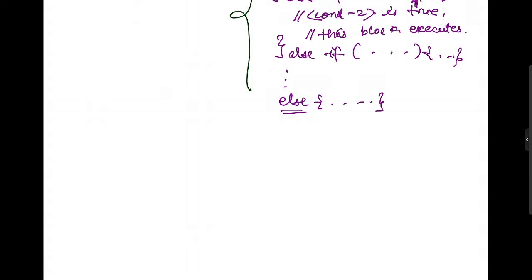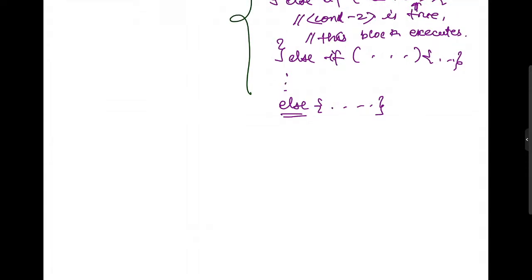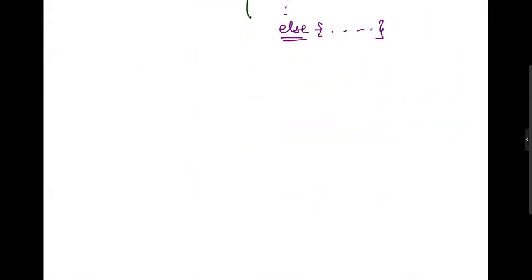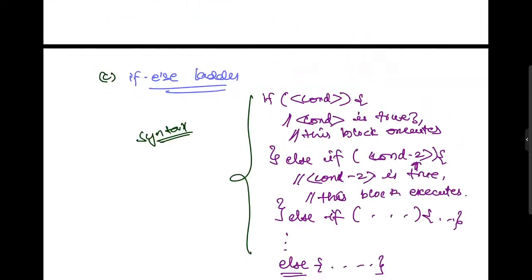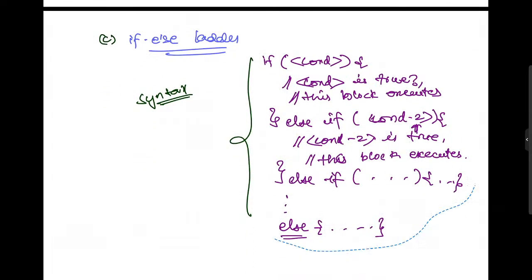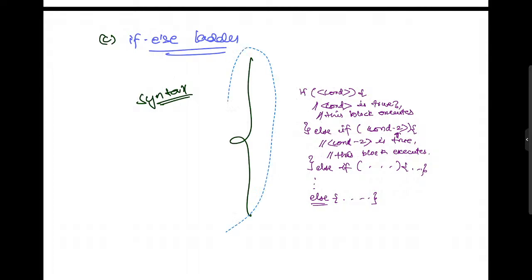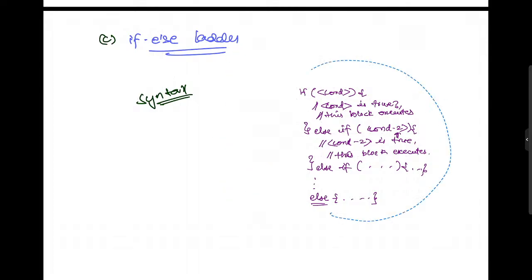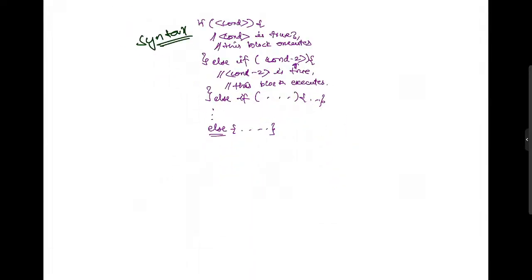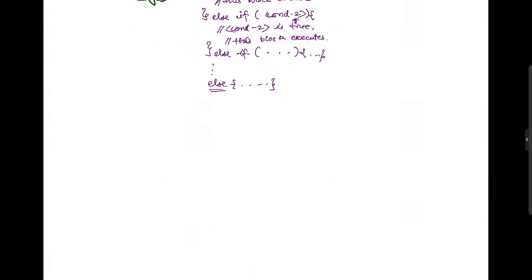This is the syntax. Now this is very simple, and this is known as the if else ladder. A very good example for this: we can write a code, which I think a lot of you already know.